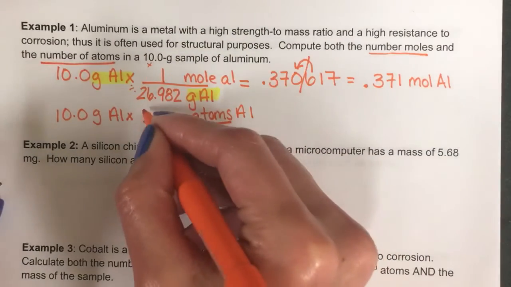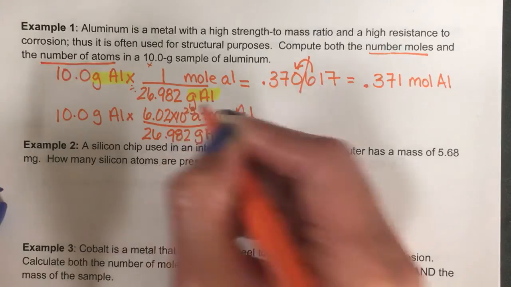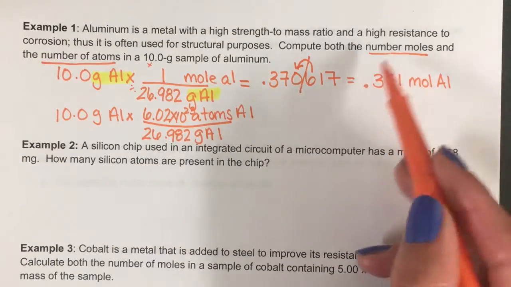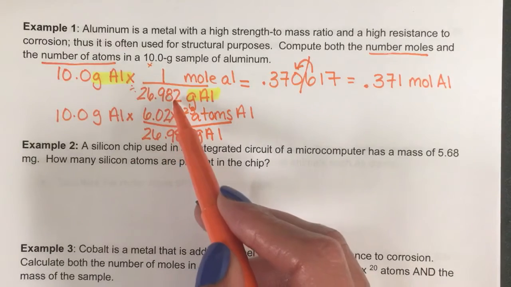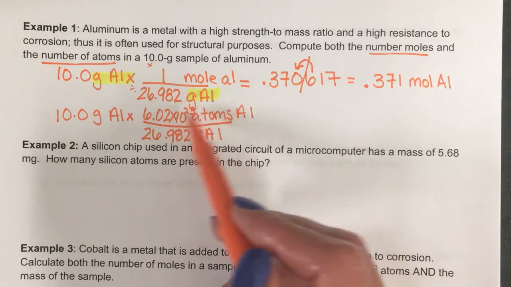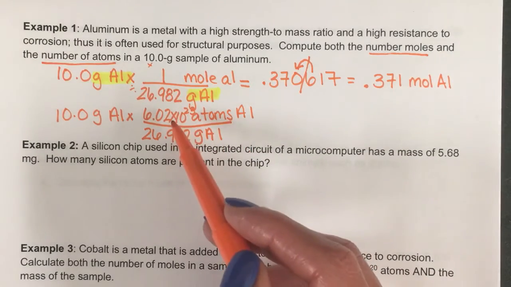So the number on top is 6.02 times 10 to the 23rd. Okay? Now this is why I could have started with my moles as well. My moles, I had already taken 10 divided by this, so then I would just have to do this top part. If I hadn't already calculated moles, then this is how I would set it up.